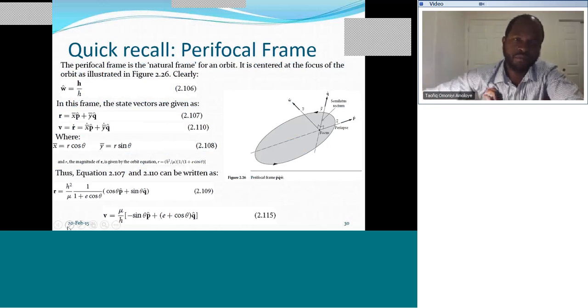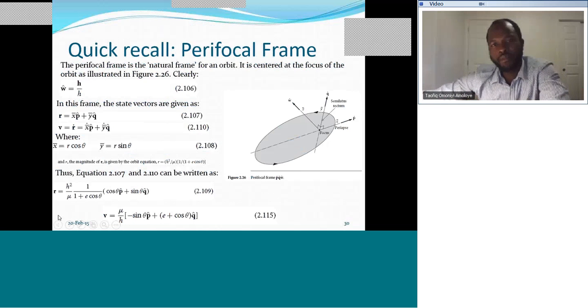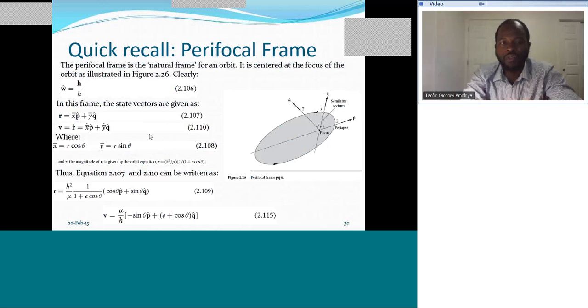If we quickly recall what the perifocal frame is, we said in AAE 313 that the perifocal frame is the natural frame of an orbit, and its center is at the focus of the orbit. The unit vector in the angular momentum vector direction is denoted by W kappa, and it's given by equation 2.106.